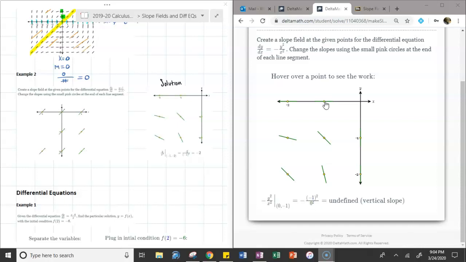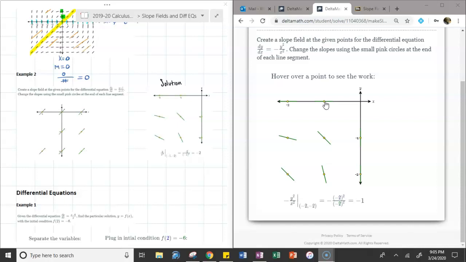At (0, -1), the slope is undefined. We have a number over 0, so we have vertical lines along the y-axis. When we sub (-1, -1) in, we get a slope of -1. When we sub (-2, -1) in, we get a slope of -1/4, so this will flatten it a lot more.